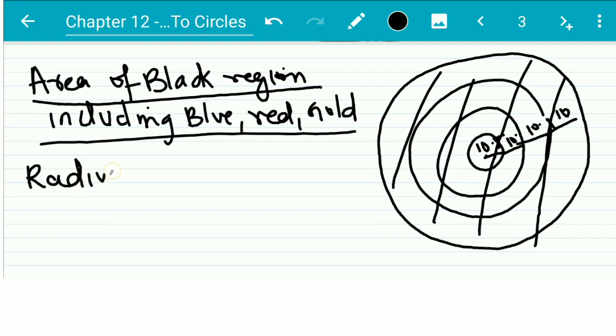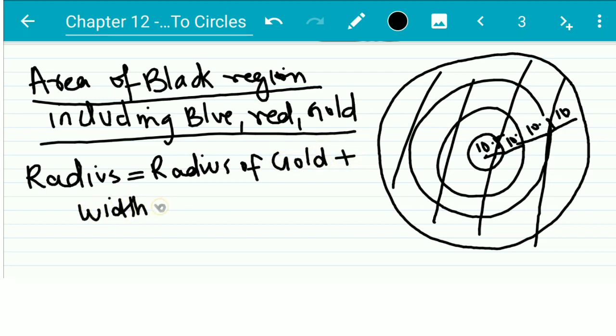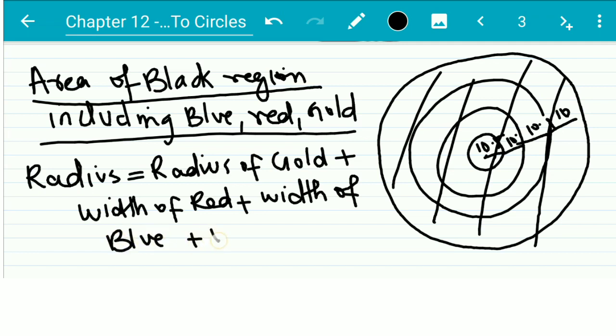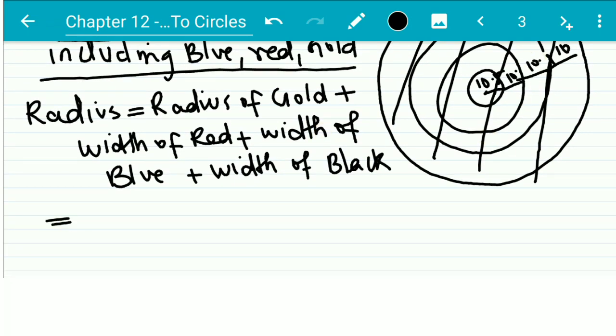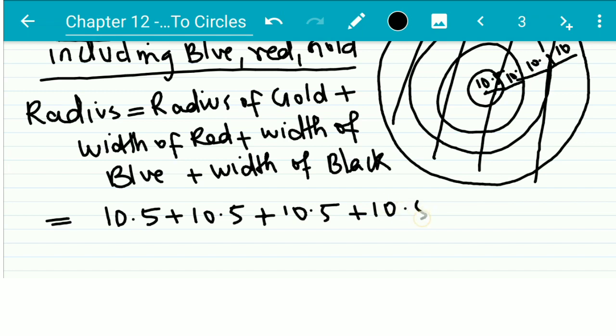Next heading. Then write the radius. Radius is equal to radius of gold plus width of red plus width of blue plus width of black. Below that, then write equal to 10.5 plus 10.5 plus 10.5 plus 10.5 equal to 42.